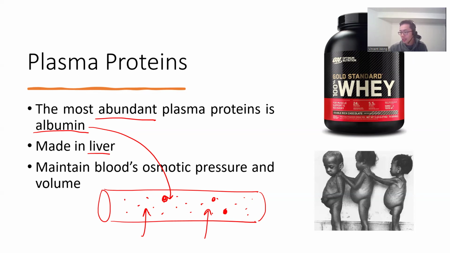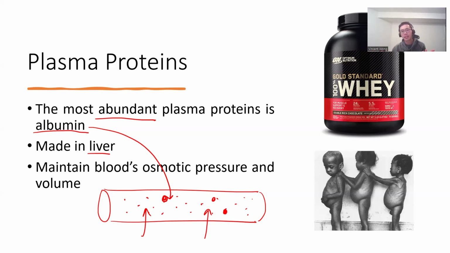That's right. The blood pressure is pushing it out, right? So here, if these kids don't have enough albumin in their blood, then the blood pressure is winning, so to speak. So they end up losing a lot more fluid than they are able to bring back in, and all that excess fluid is now accumulating in the abdomen. Okay, and that's why you see this swelling in the belly, right?